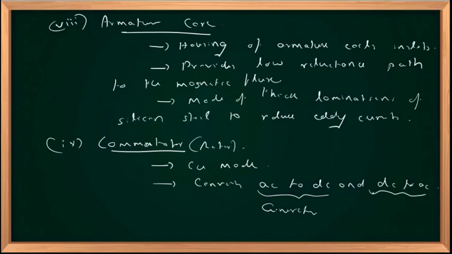We are giving DC input to the armature, and this DC cannot be directly taken inside this machine. Since it is a rotating machine, it has to be converted to AC. So the input DC is converted to the armature AC for the motor.